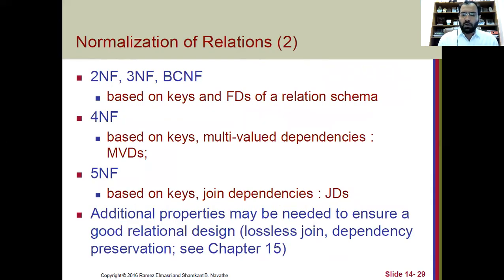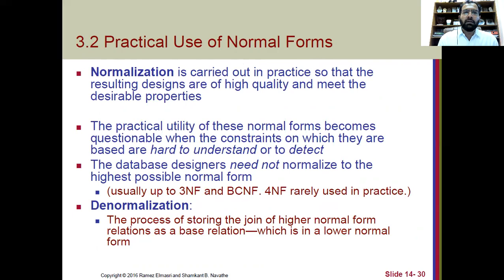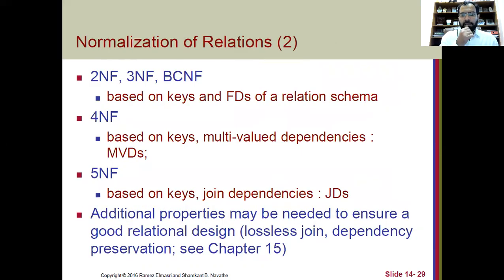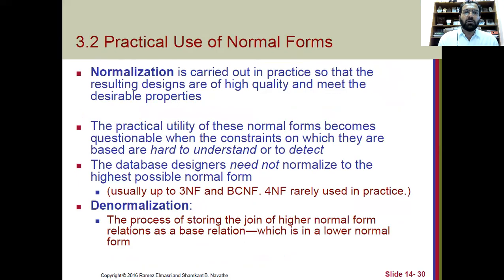We have already introduced the various normal forms, and we will discuss these normal forms in the next slides. Normalization is carried out in practice so that the resulting designs are of high quality and meet the desirable property.